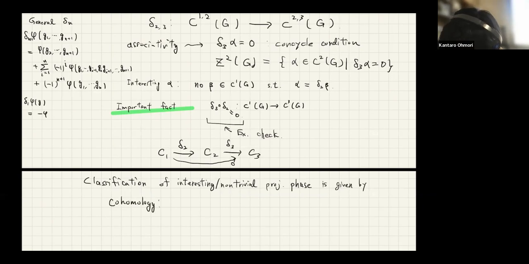In this case, the second cohomology of the group. Let me restate this and define it by the quotient.